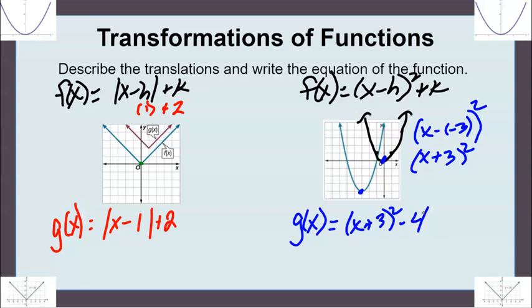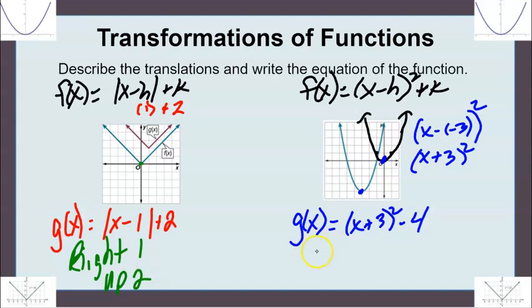So just going back to the very beginning, I forgot to describe the translations, or actually just write out what the translation is. So for this first one, the absolute value, it went right 1, and it went up 2.